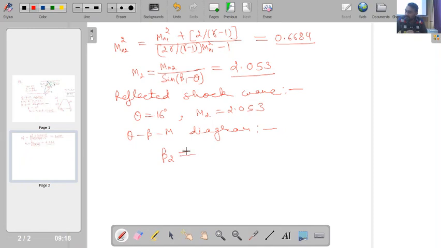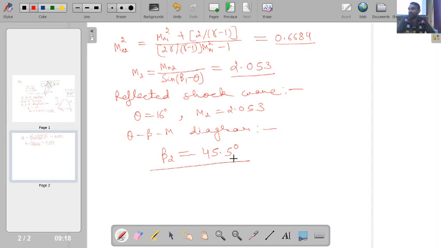From here beta 2 is nothing but 45.5 degrees. If you remember, I explained that if we have a weaker shock wave and then decrease the flow Mach number for the same value of theta, then our value of beta increases.